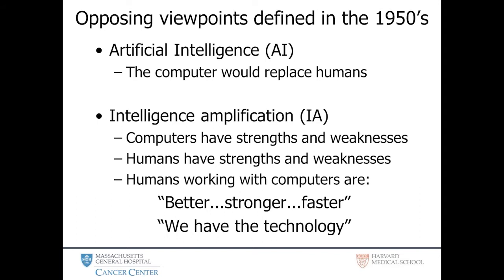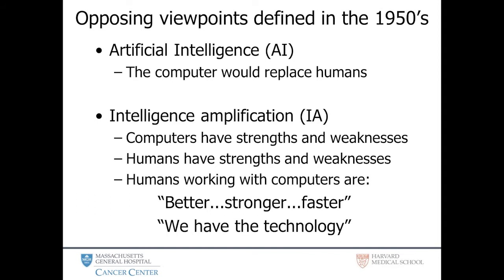One camp was called artificial intelligence, and the idea of artificial intelligence was that the computer would replace the human. That it would be smarter than the human, it would have more capability than the human, it could do everything that a human could do, so artificial intelligence would essentially take over. We're really still not there. Even with all the power of computers today, artificial intelligence remains a relatively future effect, though certainly it will come down the pike eventually.